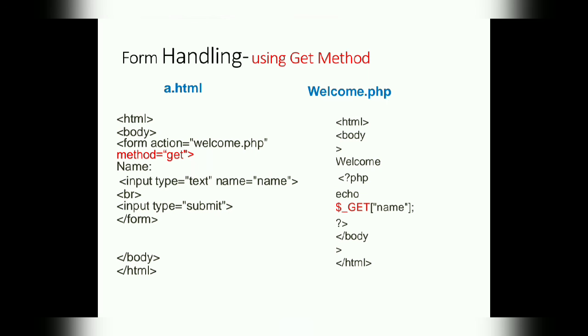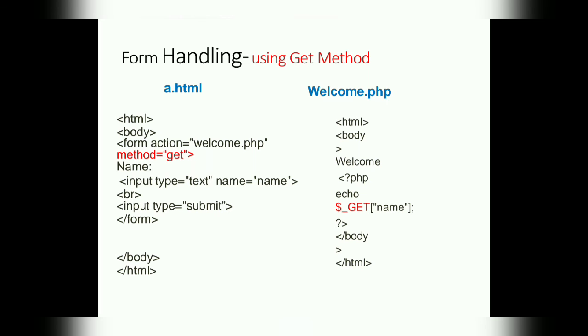Then using get method. So using get method, you will use the same concept but in a little bit different way. Okay, here also you will use the form action welcome.php, that is your PHP file name, and method will be get. In previous example we have used the method post.